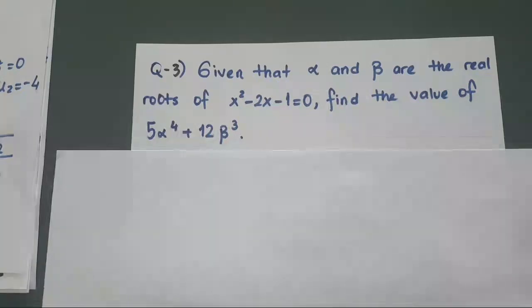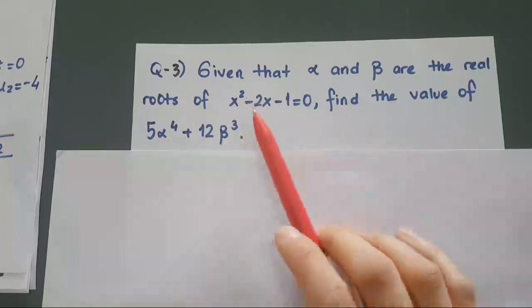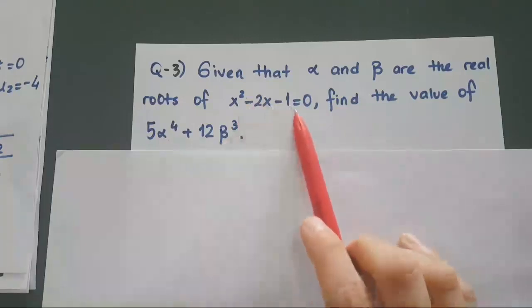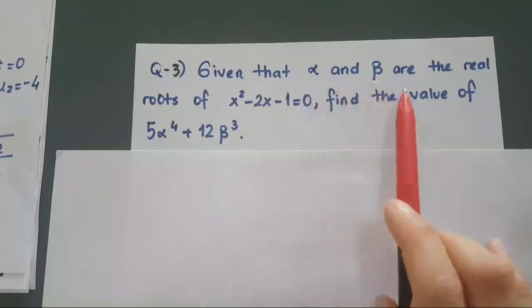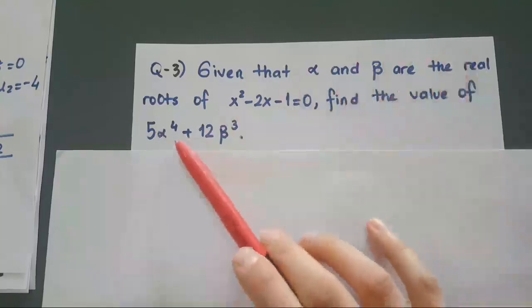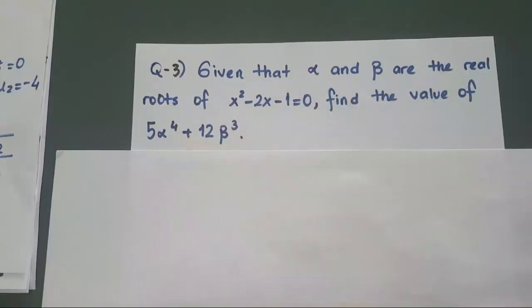How to solve the problem? I think most of you are planning to solve the quadratic equation x squared minus 2x minus 1, then find alpha and beta, then substitute them in the expression. Or am I wrong?